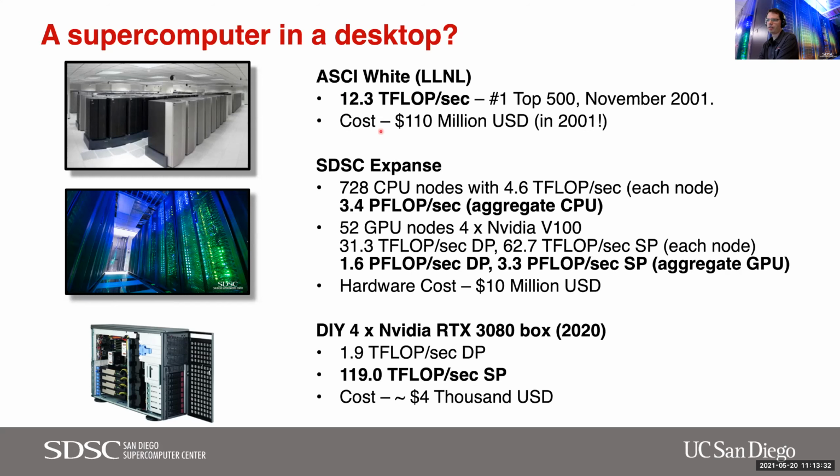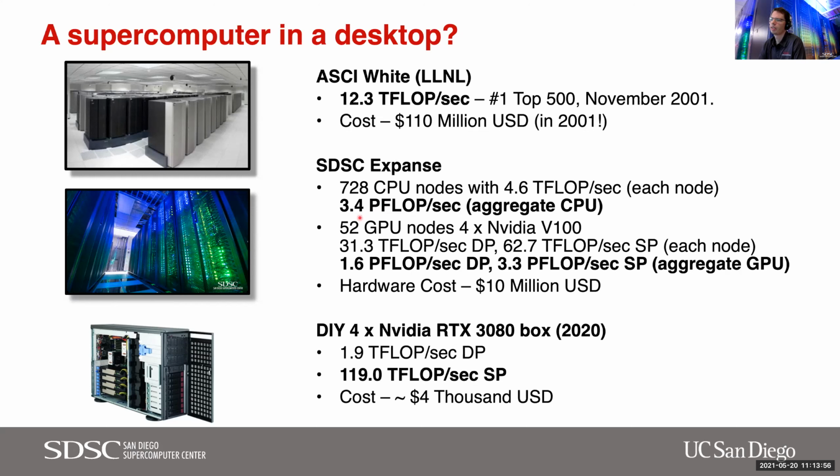The machine cost $110 million in 2001, so 20 years ago, right? So really expensive. Now, if you compare that to Expanse, it's a much smaller machine in size. It doesn't fill the entire data center. It has 728 CPU nodes that give us 3.4 petaflops, right? So that's from teraflops to petaflops.